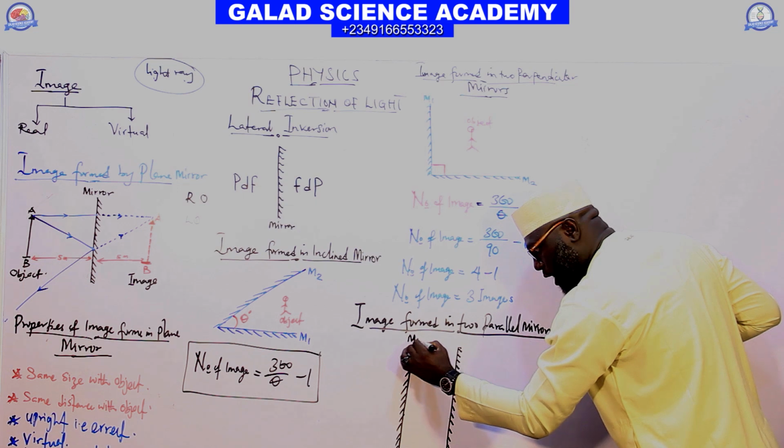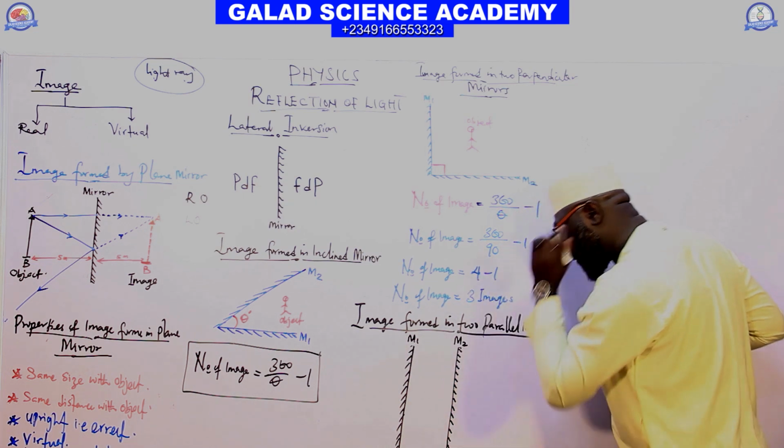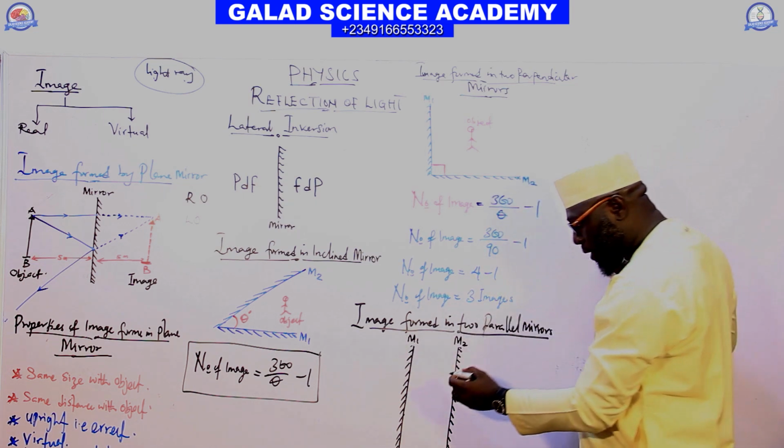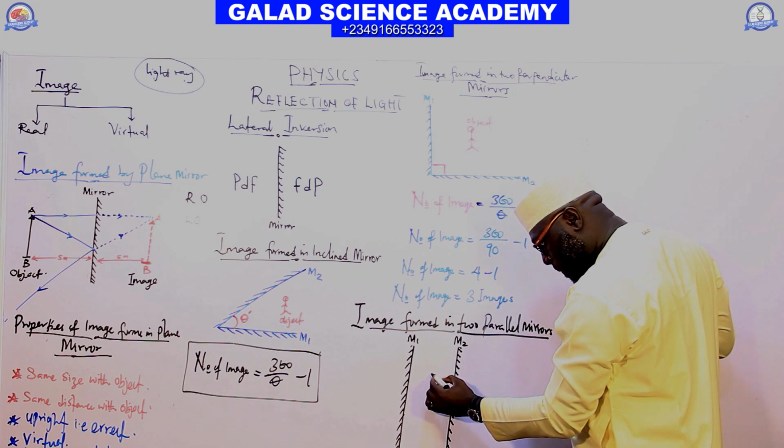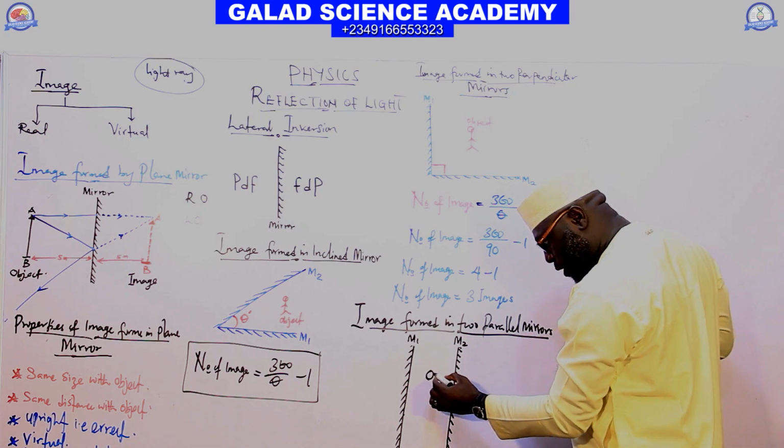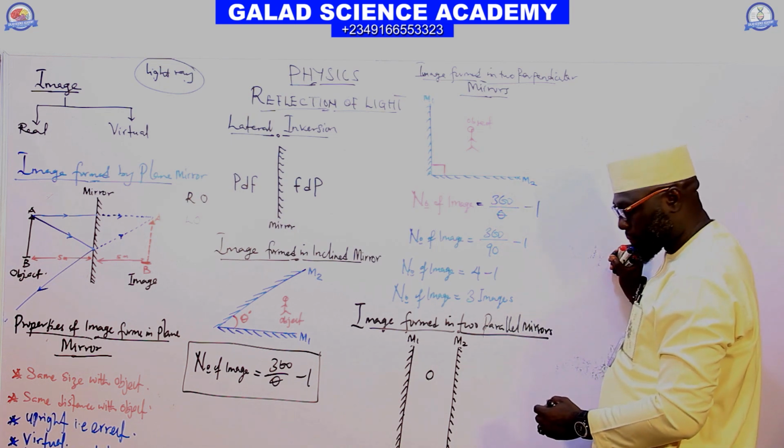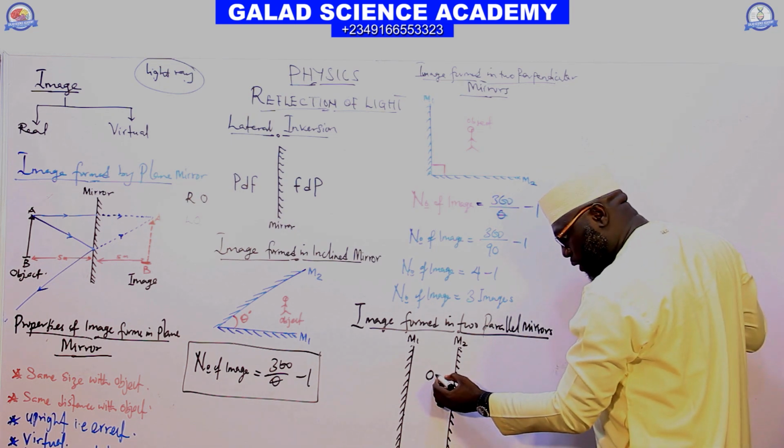This is M1. This is M2. And then we put an object here.